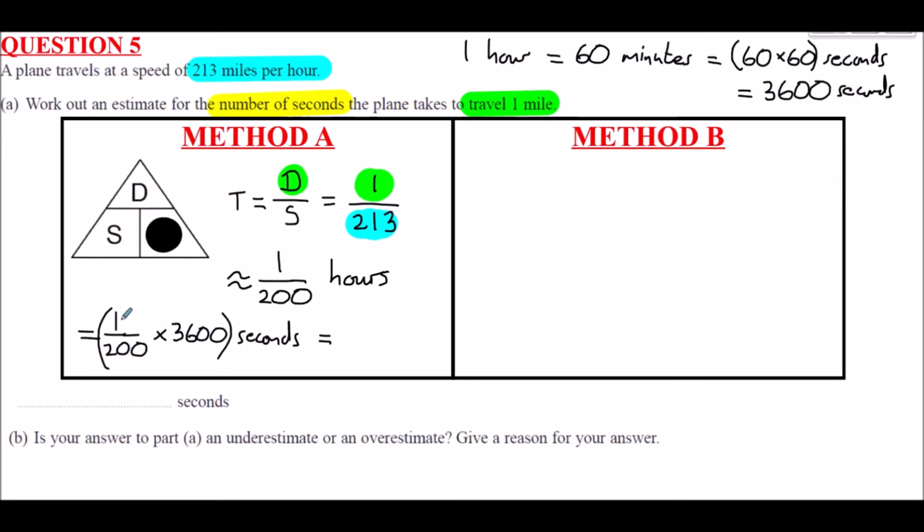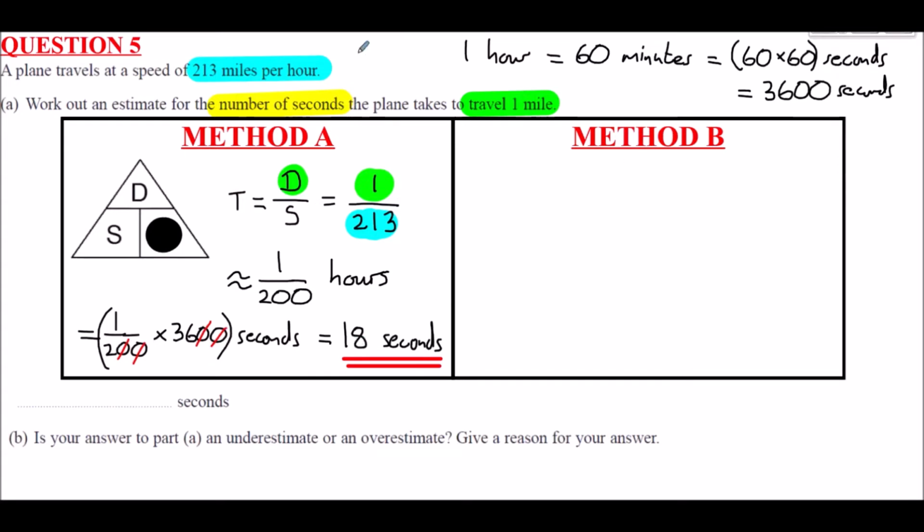So if we put this fraction as 3,600 over 200, we'd have 2 zeros at the end that cancel with the 2 zeros there. And so it becomes a half of 36. A half of 36 is 18 seconds. So that's our estimate for how many seconds the plane would take to travel 1 mile. Doesn't sound like much, but then planes do travel very fast indeed, so that's quite possibly absolutely accurate.